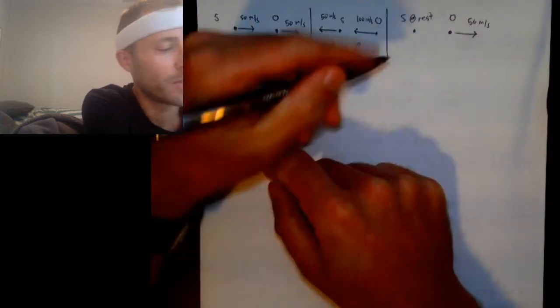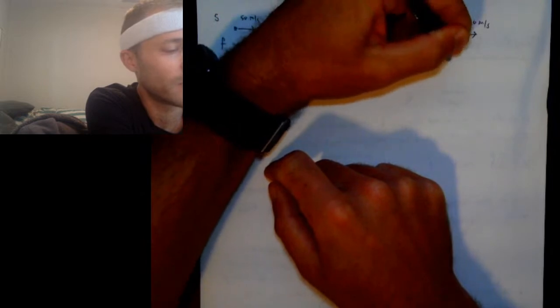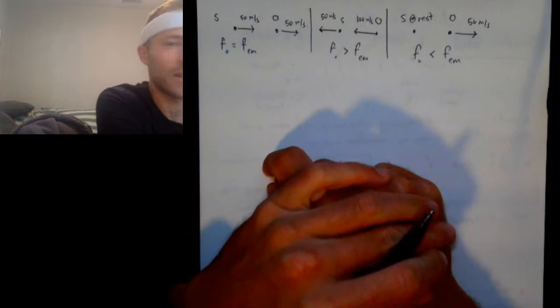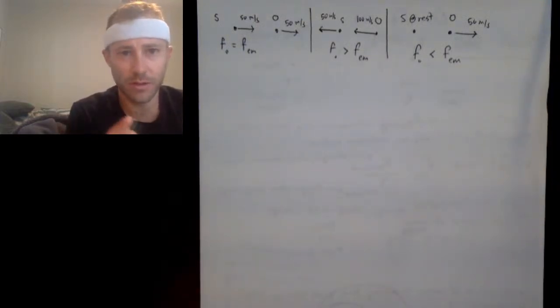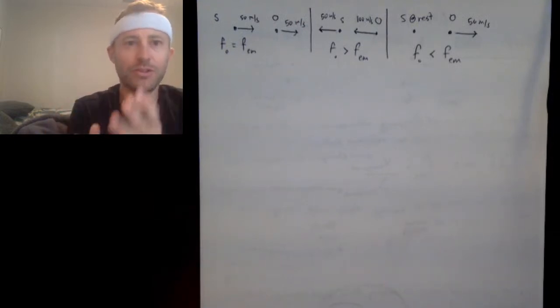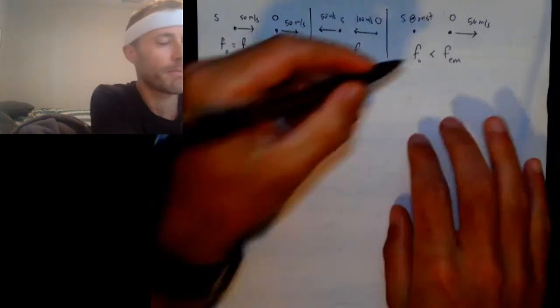And so for that reason, the observed frequency would be less than the emitted frequency. Okay? So that's qualitatively how it works, and that's very important when understanding the Doppler effect. You should be able to predict whether the frequency is going to shift up or down compared to the emitted frequency.